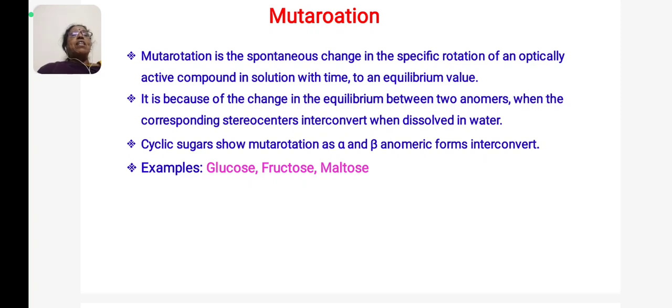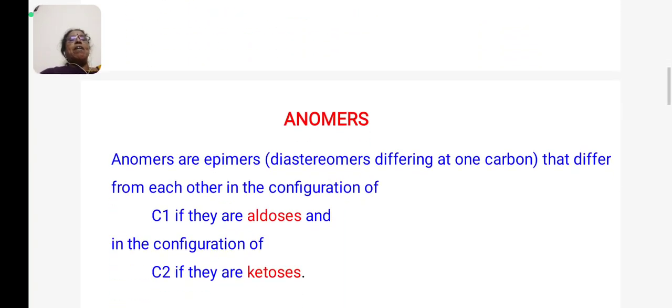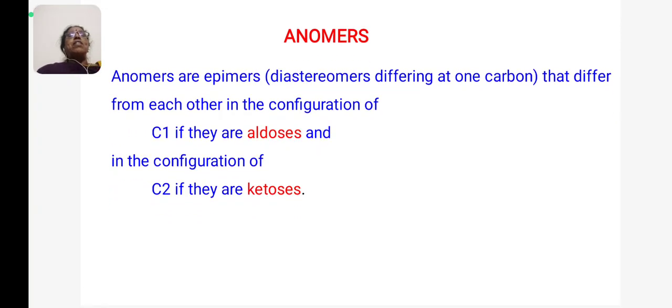Now first we will see what anomers are and what is meant by specific rotation. Anomers are epimers that differ from each other in the configuration of C1, that is carbon 1, if they are aldoses, and in the configuration of C2 if they are ketoses.